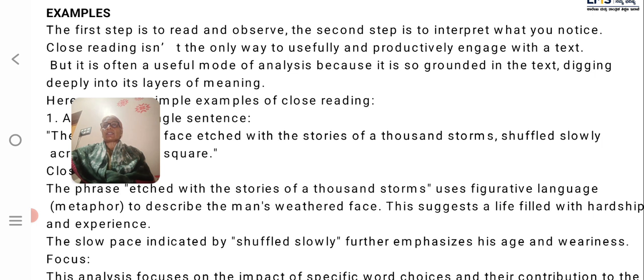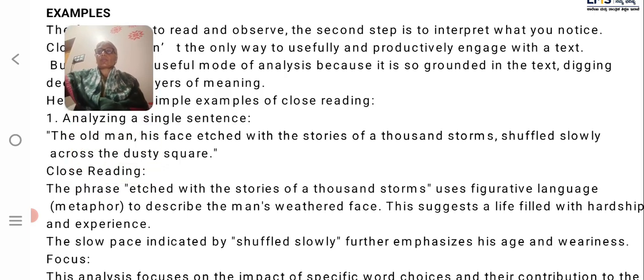Analyzing a single sentence: The old man, his face etched with stories of 1,000 storms, shuffled slowly across the dusty square. Okay, this is the simple line.